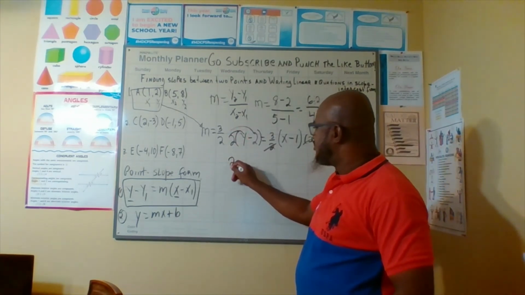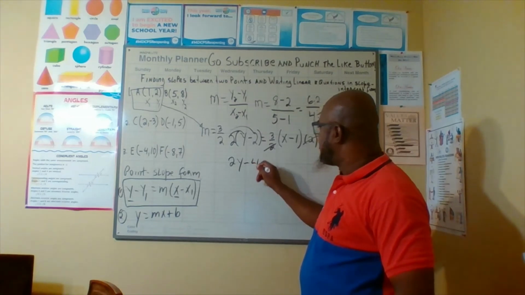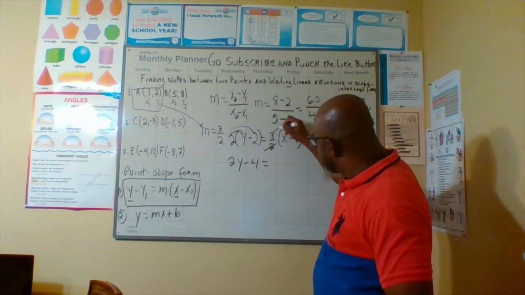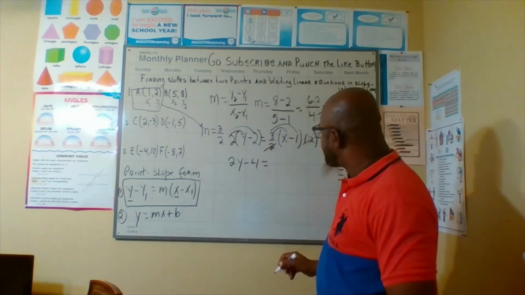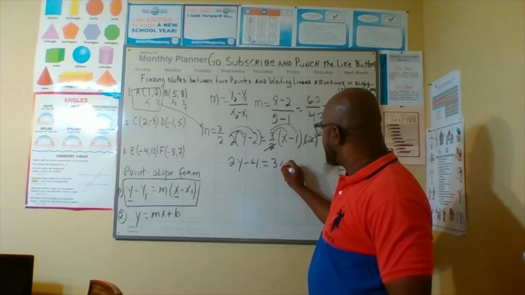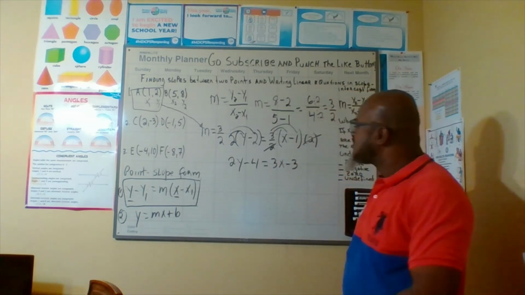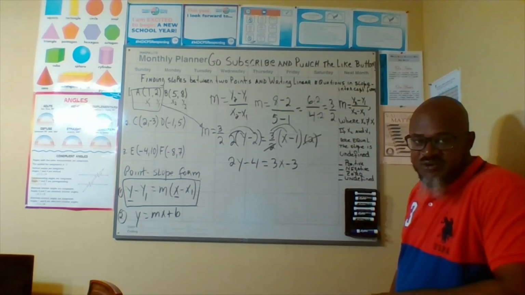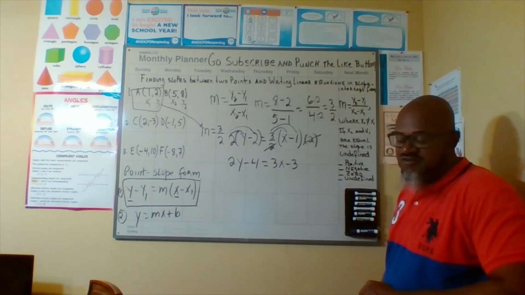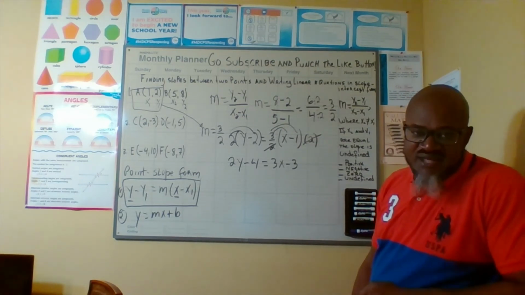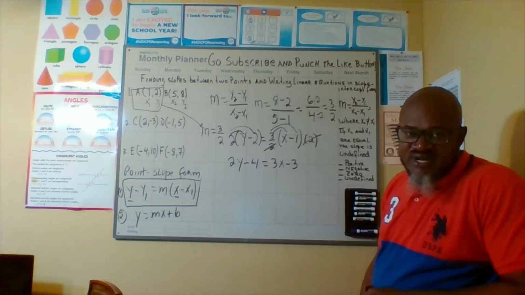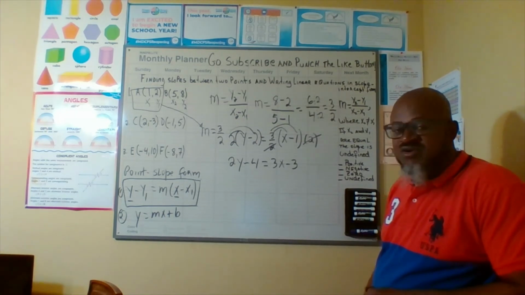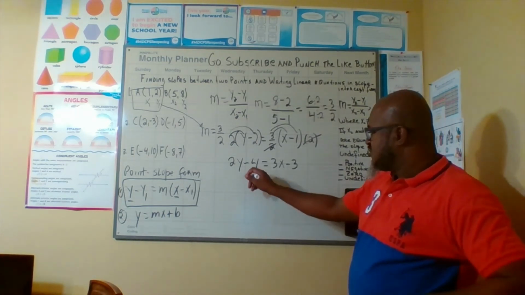Right. Your goal is to solve for y. If you are being asked to answer the equation in slope-intercept form, which is the one they will ask you the most, or otherwise they will ask you to answer the equation in standard form. For the sake of our argument, we're going to start with slope-intercept form, and later we move to standard form. Since you're solving for y, you will have to add 4 on each side. Then you will end up with 2y is equal to 3x, now you have minus 3 plus 4 is plus 1.